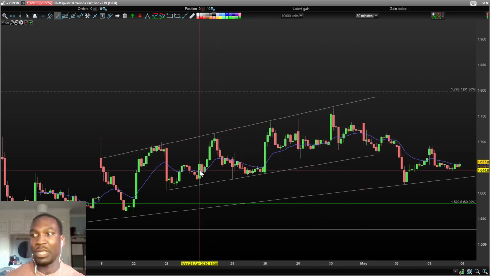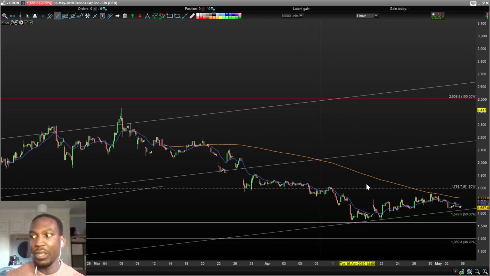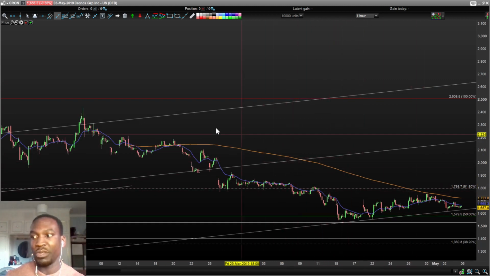But this is what I mean when I say a bear flag. It's not the prettiest sight. If you look at the 1 hour chart, you can see that price came down. There was previously a bearish move, so price had been falling for quite a few days, maybe even a couple of months, and then it consolidated around the $15, $16 price point.